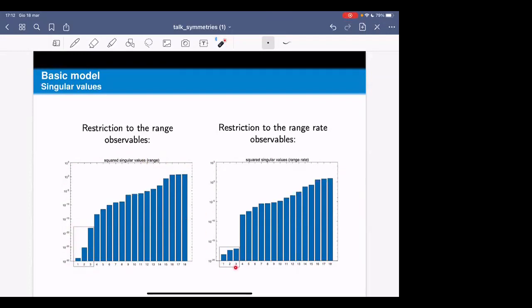And these are the eigenvalues of the normal matrix considering only range rate. And here it is much clearer. There is a clear difference. So this is another very peculiar point which we found out. By putting together range and range rate observables, it might be the case that the approximate symmetry disappears.